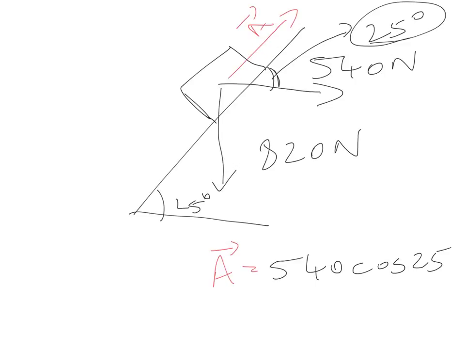If you want to look at the component of this force acting in this direction, draw it into a triangle. That angle will be 65 degrees, because the sum of all three angles adds up to 180 degrees in a right-angle triangle.